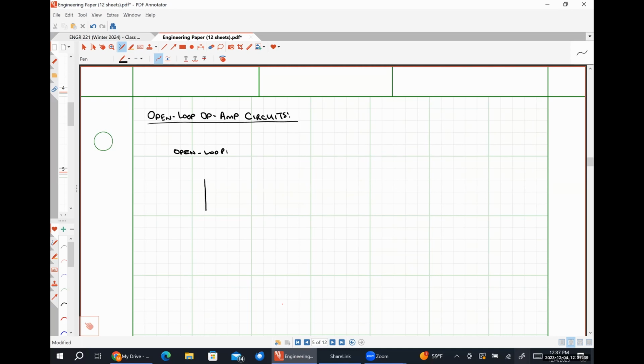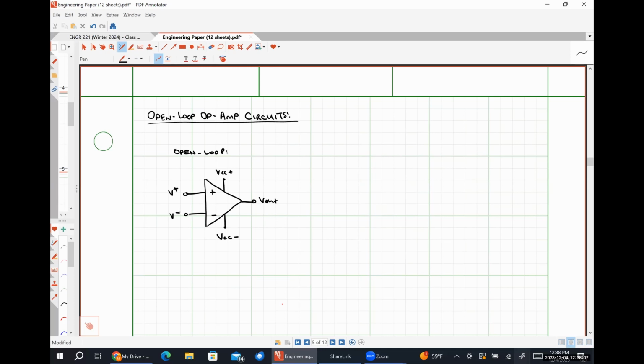So our circuit is going to be something like this. An input can be applied to one or both of our inputs, and we will measure the output directly at the output terminal of our op-amp.